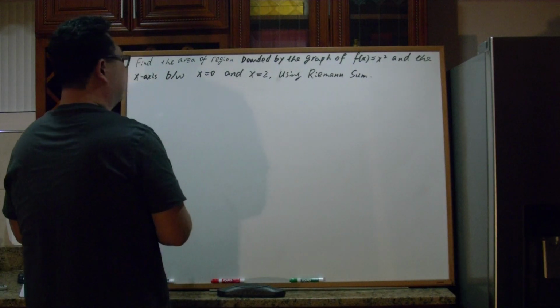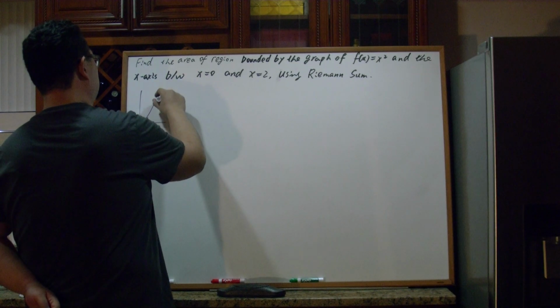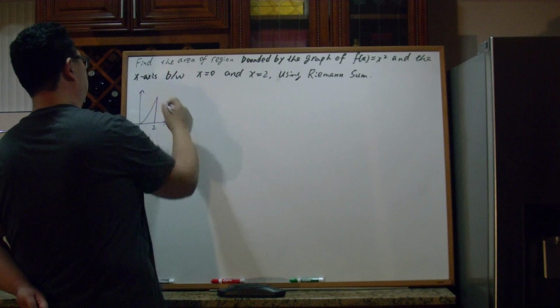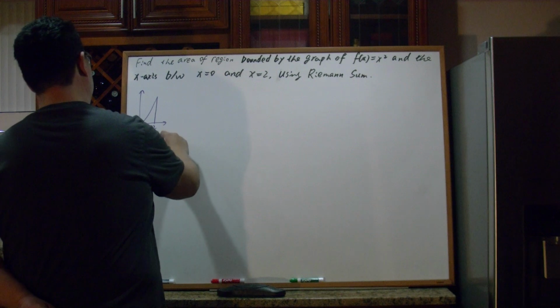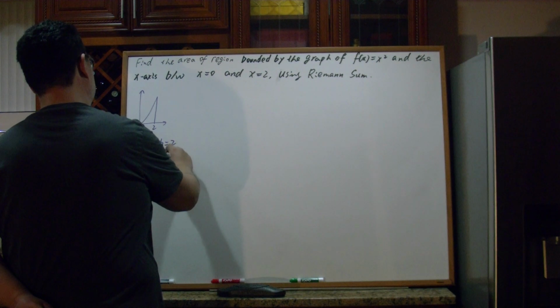So for the Riemann sum, we get the picture, right, from 0 to 2, of f of x. We have our a equals 0, b equals 2, therefore our delta x is 2 minus 0 over n.